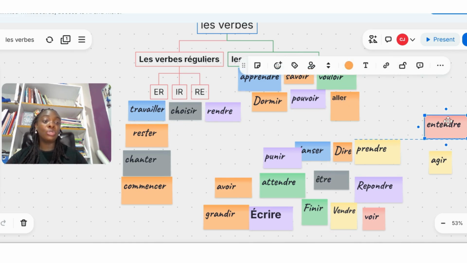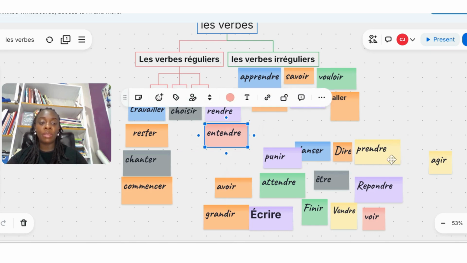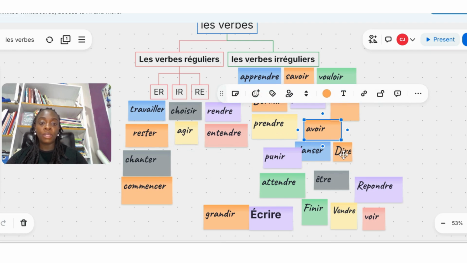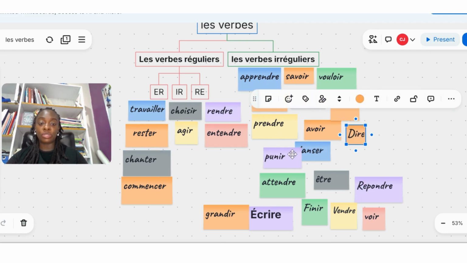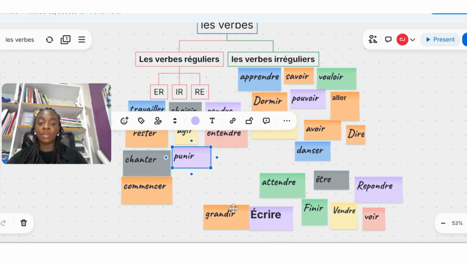And then we have entendre, which means to hear, is an RE verb. Prendre is irregular. Agir is a regular IR verb. Avoir is irregular. Dire is irregular, which means to say. Punir is a regular IR verb.